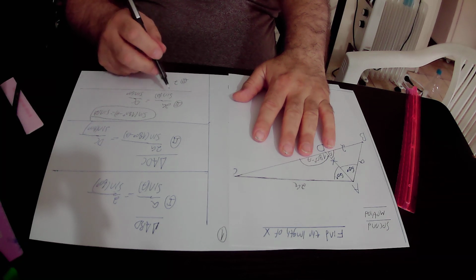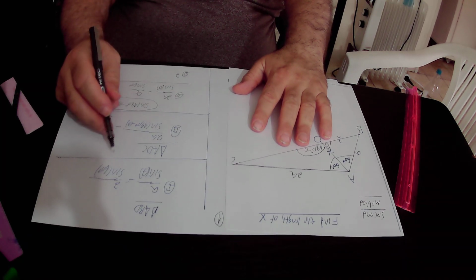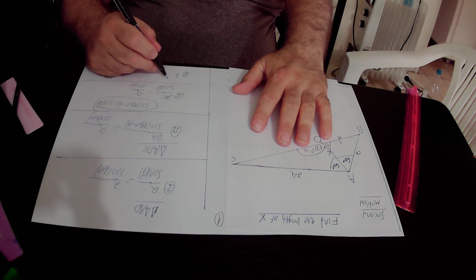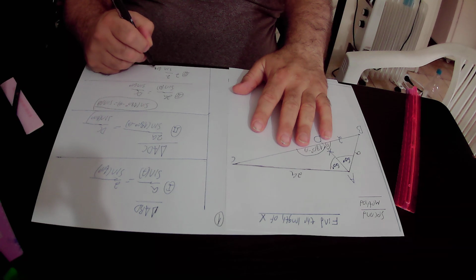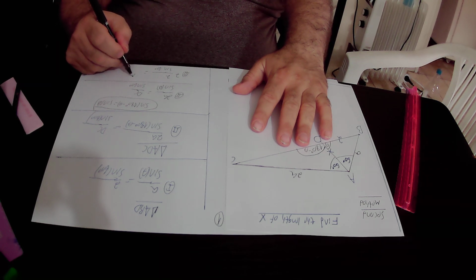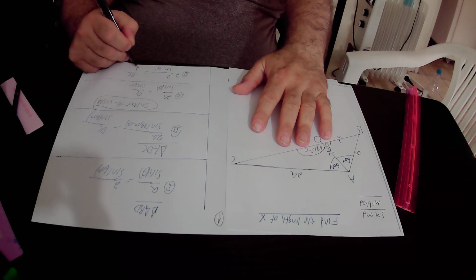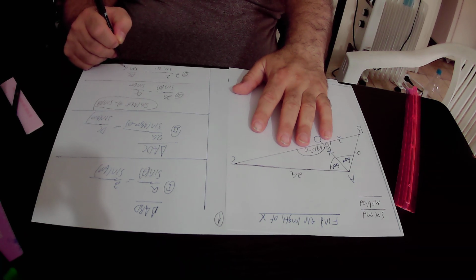2, 2 times a over sine theta, according to equation number 1, is 2 over sine 60 degrees, and it is equal to dc over sine 60 degrees.